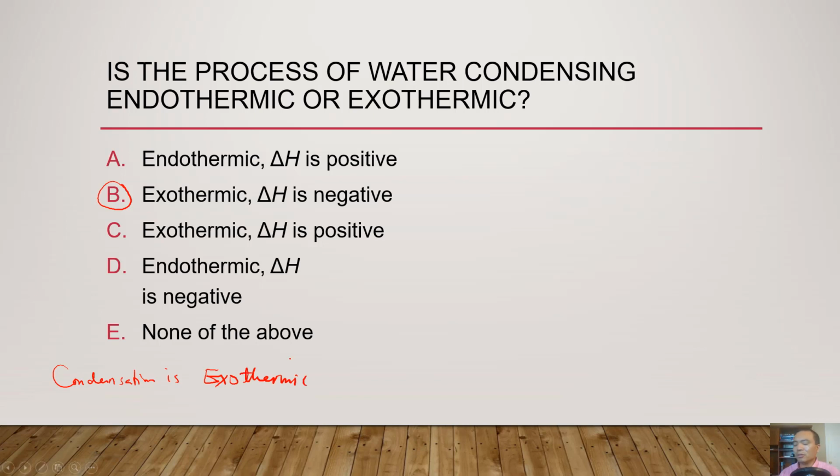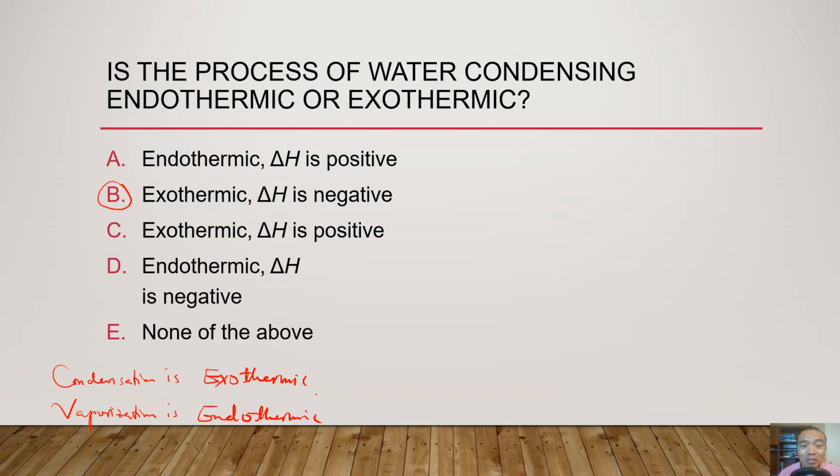Since we already learned the different kinds of phase changes, let's put it together. For example, what about vaporization? How do you vaporize a liquid to vapor? You add heat to it, so that would be endothermic. What about freezing? How do you change liquid water to ice?